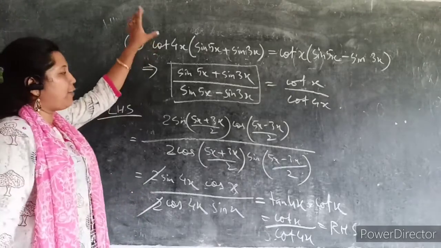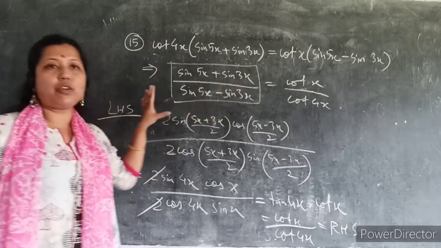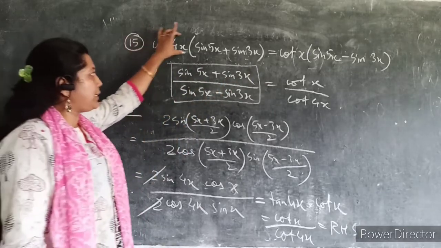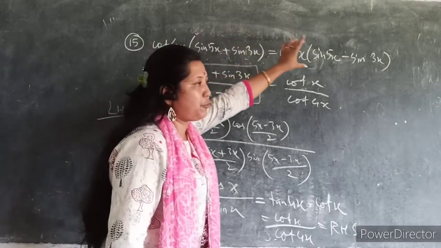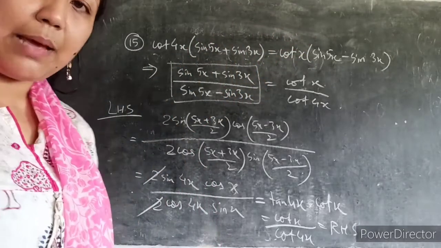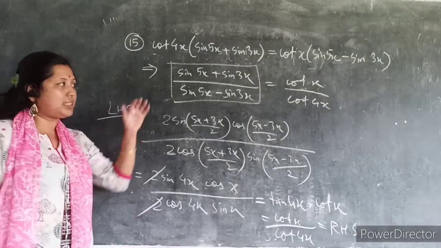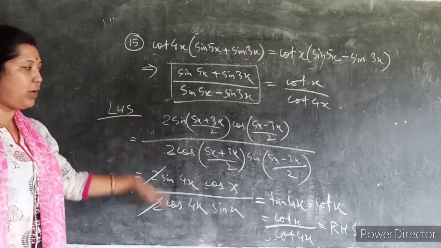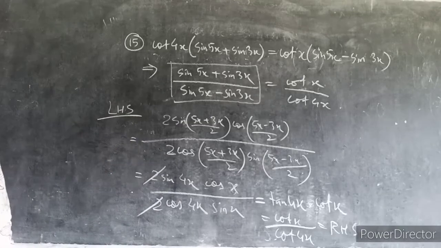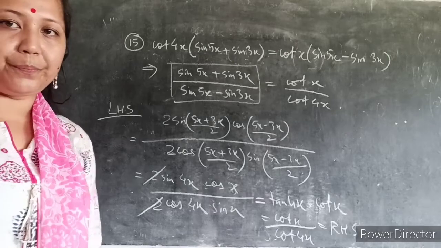So if you try the left hand side separately and the right hand side separately, you will get the same answer. But what I have done, to minimize my time, I have done some adjustment, and using the formula I have got the answer of your solution, that is question number 15.